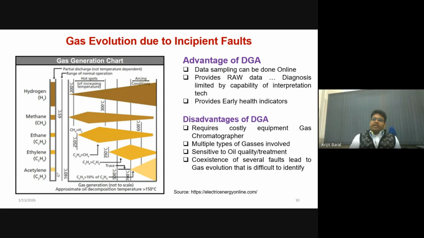Remember, I told you that the interpretation needs to be done at the user end. The gas chromatograph will only give you the gas compositions, so it becomes very difficult to identify which faults are coexisting together. Nonetheless, it will actually help you in identifying minor faults which may in the future manifest into a larger problem.